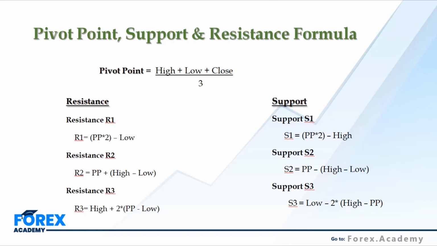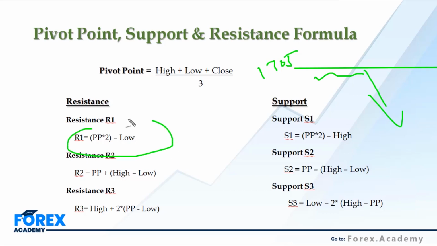It means that if the market is trading above 1305, I will be looking for a buy position, or if the market is trading below 1305, it means that I will be looking for a selling position. Likewise, guys, you can take a screenshot or you can also make an Excel sheet, and you can set the formulas, and all you need to do is put in the high price, low price, and closing price on the daily basis.